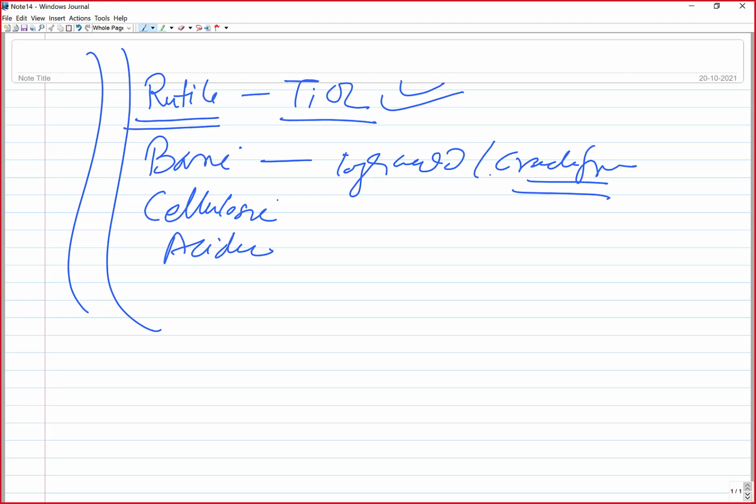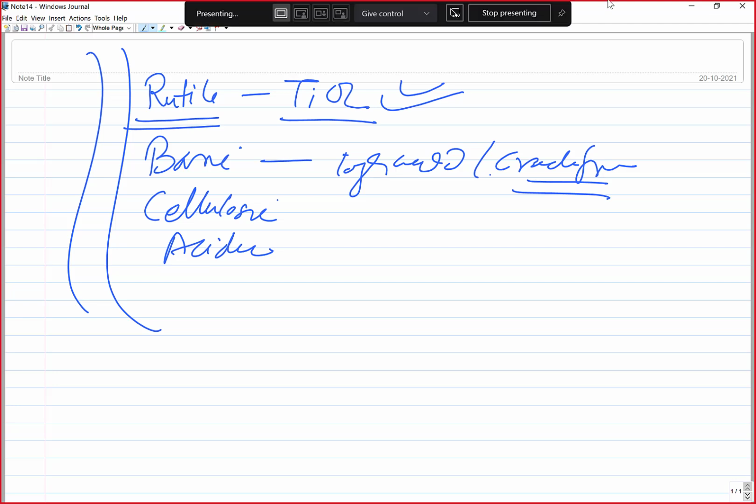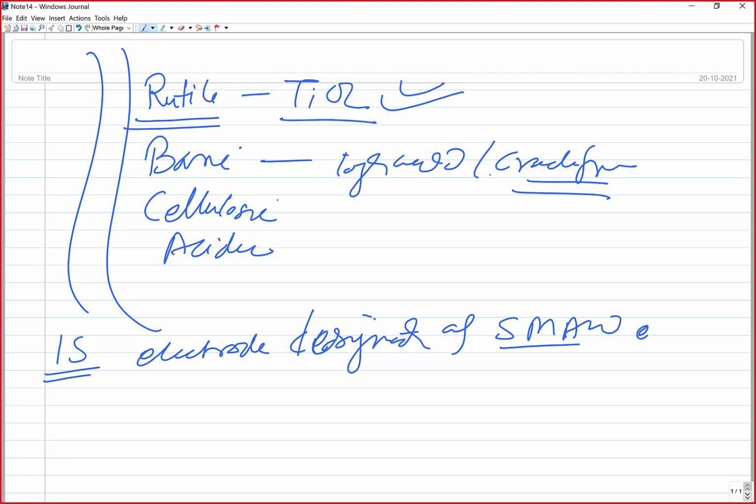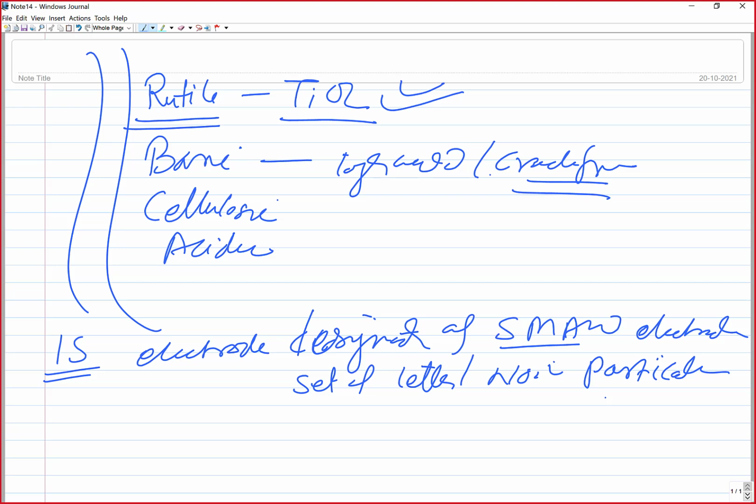Now I want to talk about the electrode classification. Electrode classification according to the Indian standard is indicated by a certain set of letters. The electrode designation of SMAW, shielded metal arc welding electrode, is done using a set of letters and numbers written in a particular sequence.